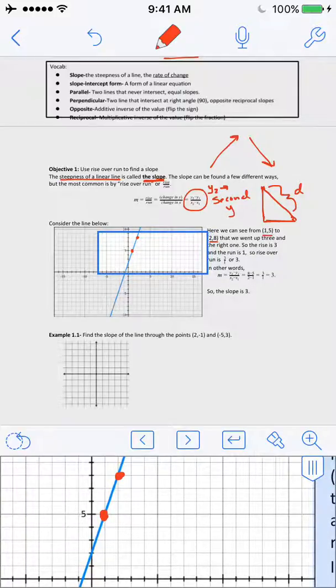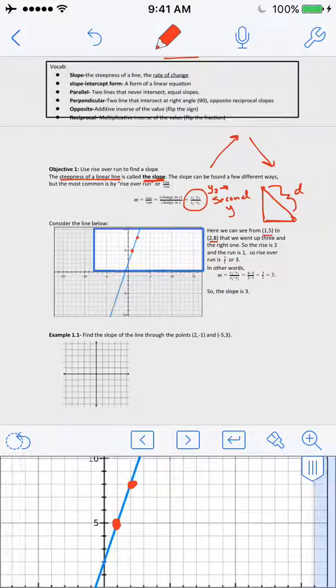Alright, so we got these 2 points. You can use any 2 points, though, since the steepness of a linear line will be constant no matter where you are on the line. So you can use any 2 points you want when finding linears. That changes a little while down the road, but right now you can use any 2 points you want. Alrighty, so let's do the same thing we did for distance, right? Let's look at that rise and that run. How far did this one go up?